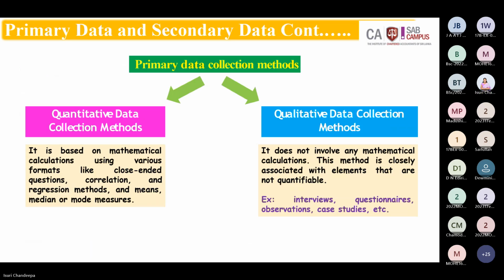Right. Today we have quantitative data and the qualitative data collection method. Right. What are the qualitative data collection methods? Interviews, questionnaires, observation, case studies. So those are the qualitative data collection methods, right?